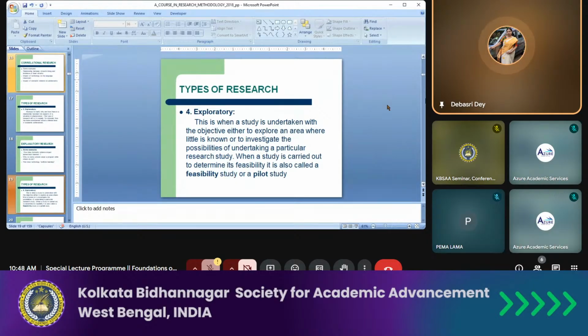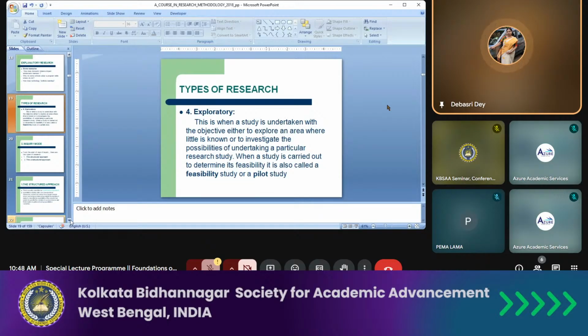When the study is carried out to determine its feasibility, it is also called a feasibility or pilot study. You have heard the various terms, pilot study, feasibility, and so on. A pilot study is the initial study based on which your research can be carried on or discontinued.